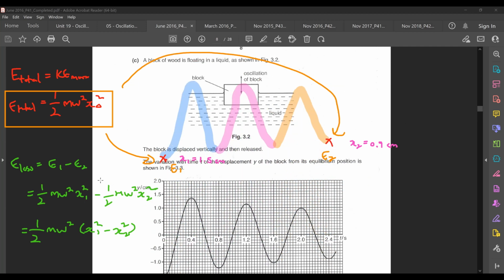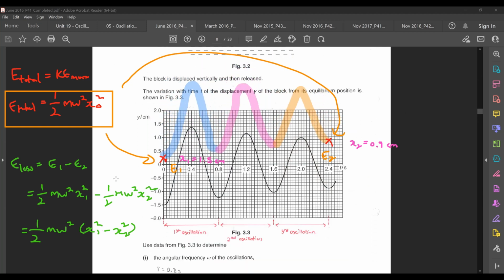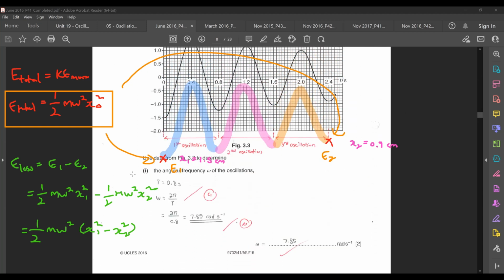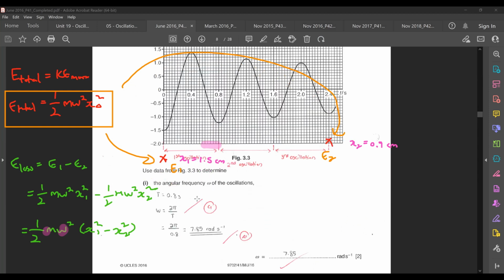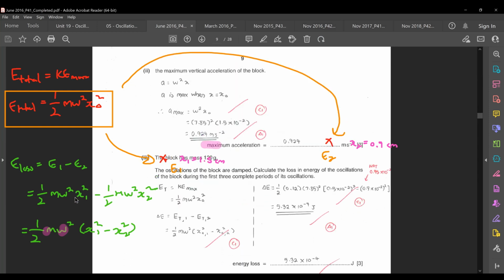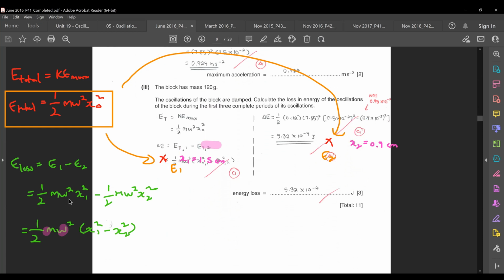So sub in everything, then you should be able to get your answer. Did it give you the values of the rest of the variables? I believe they give you the mass as 120 grams in the question itself. Your omega is something that you already found in part 1 of your question. So all you needed to find out further was your amplitude.